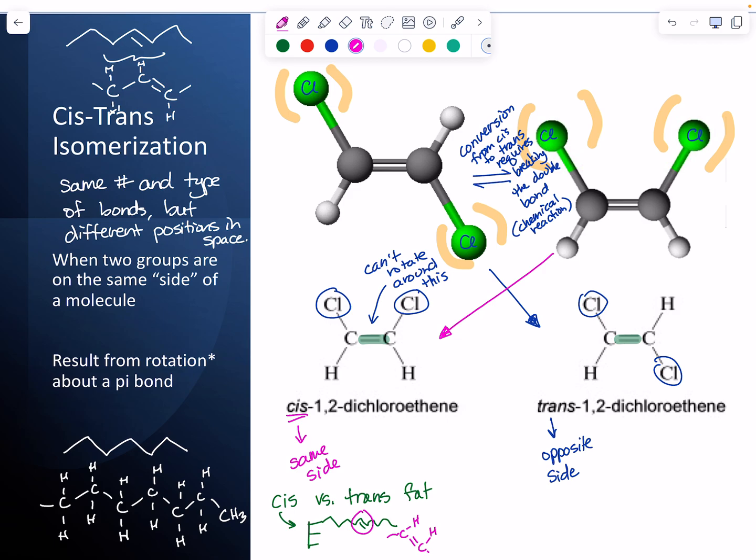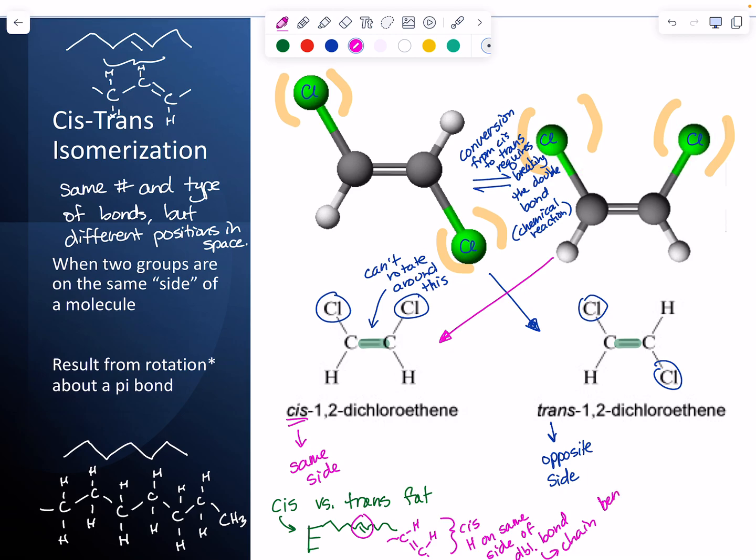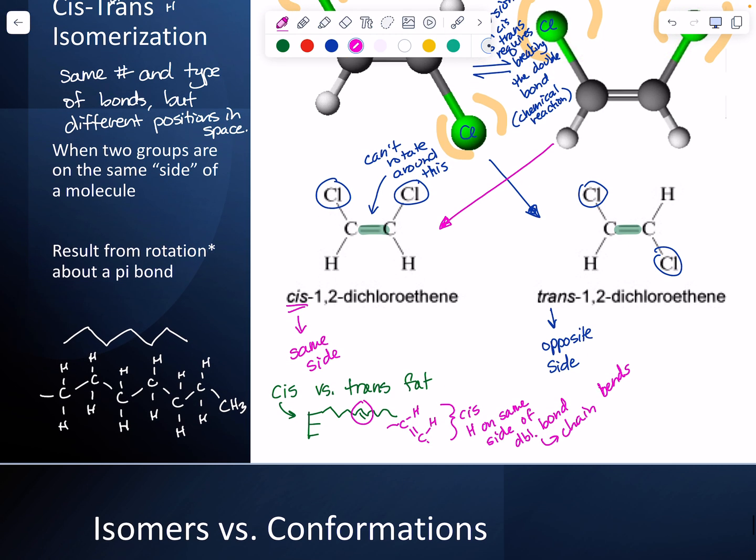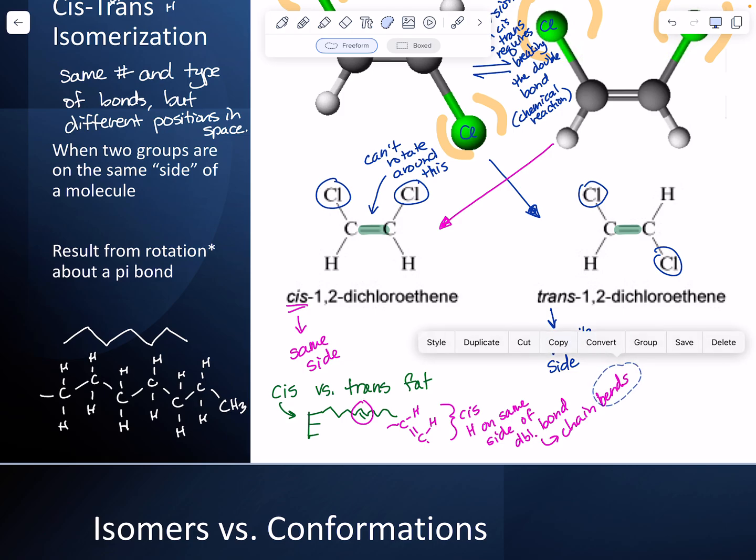So this is cis, hydrogens on same side of double bond, and then that long chain bends, and what that causes is that causes the molecules to not stack as well together, and that's how you get more fluid fats, things that have a lower melting point, they're more liquid at room temperature.